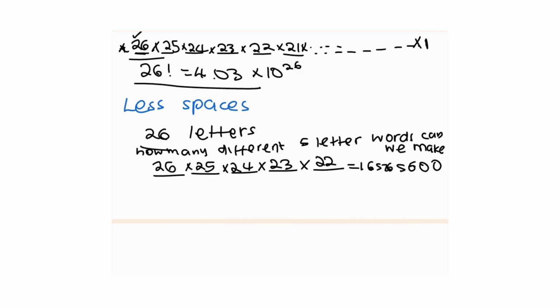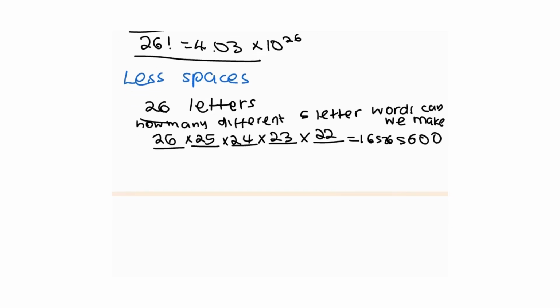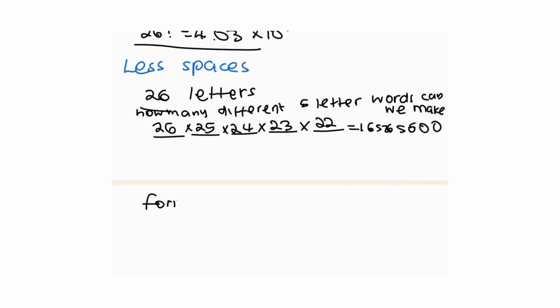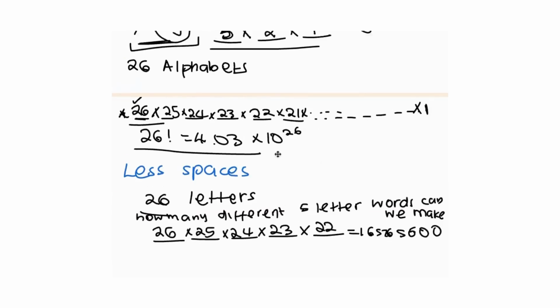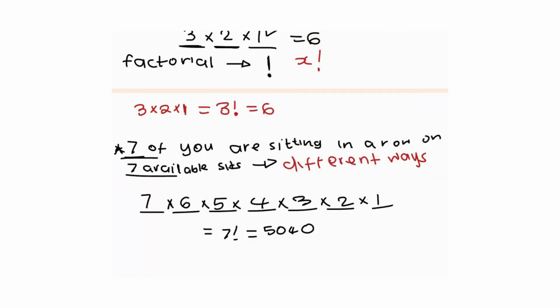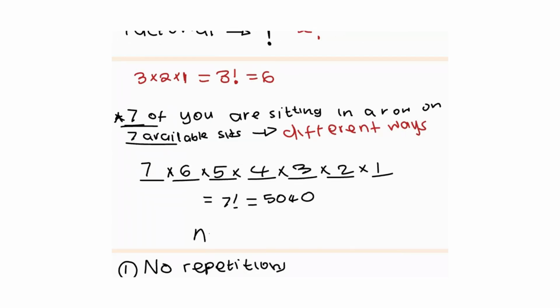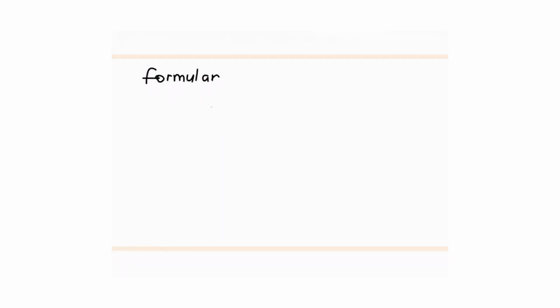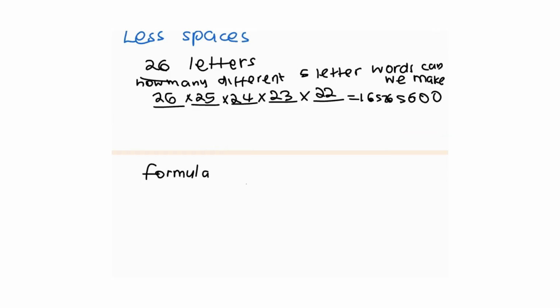Okay, there's a formula. Remember, you can do it in this manner. You can just put your 5 positions, or you can use the formula. Remember up here when we were doing the factorial, we said it's 7 factorial. The formula would be n factorial because n is the number of outcomes that you have. Then also, because now we have fewer spaces, the formula would be n factorial over open bracket n minus r close bracket factorial.